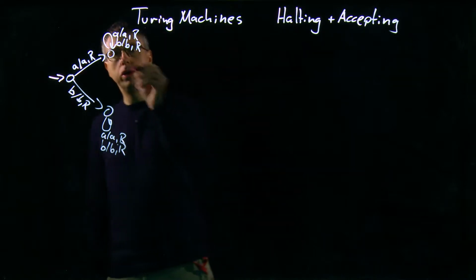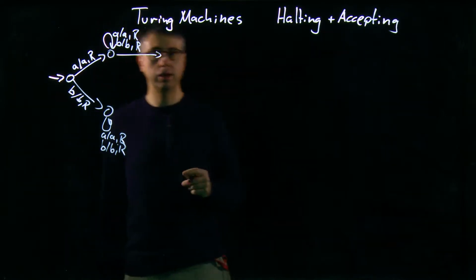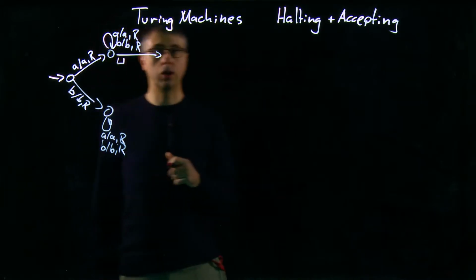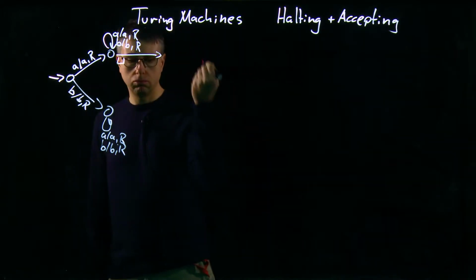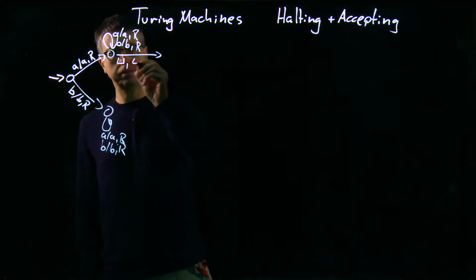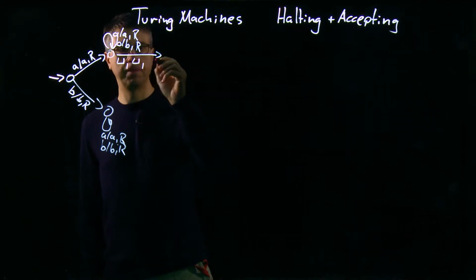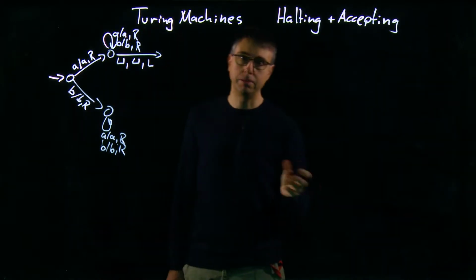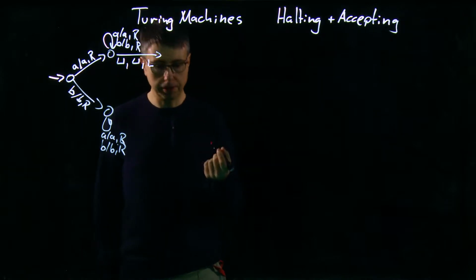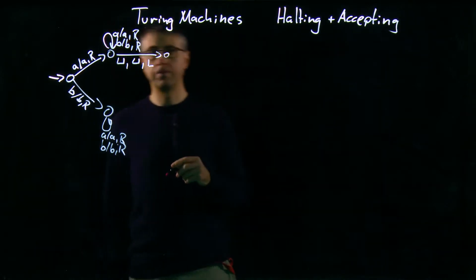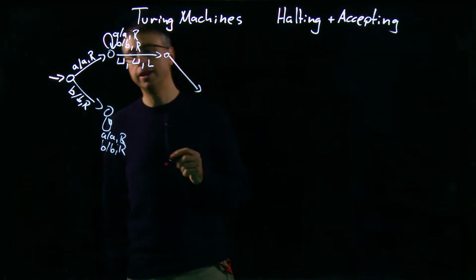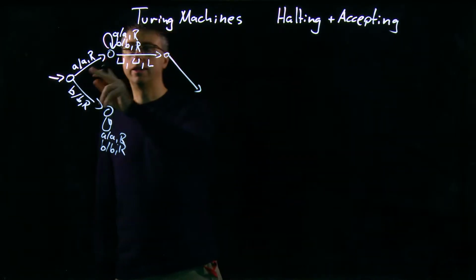And at some point we've reached the end of the input, and at the end of the input we'll encounter a blank. Okay, we'll keep the blank and we move to the left. And now the head is on the rightmost character of our input. Now we check whether this rightmost character is actually the same character as the leftmost.